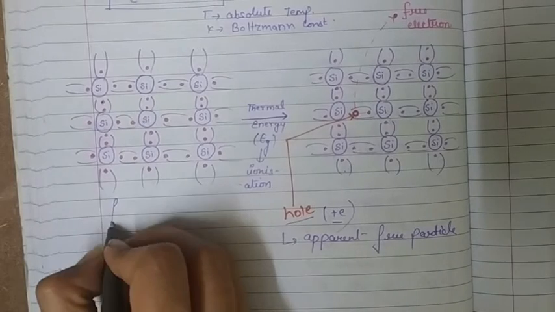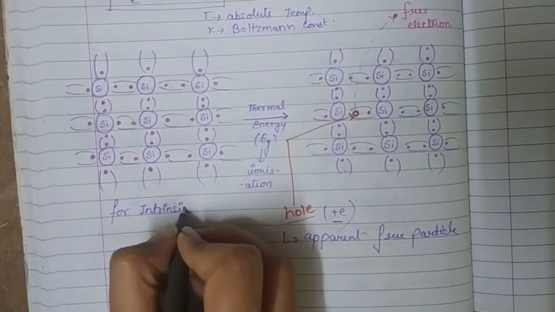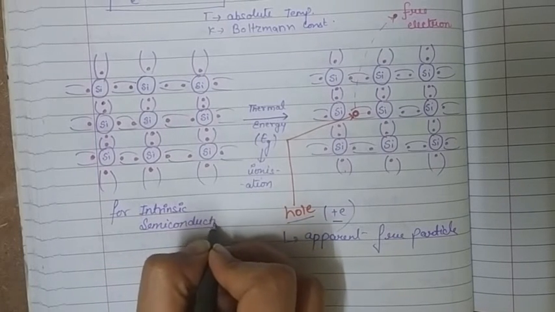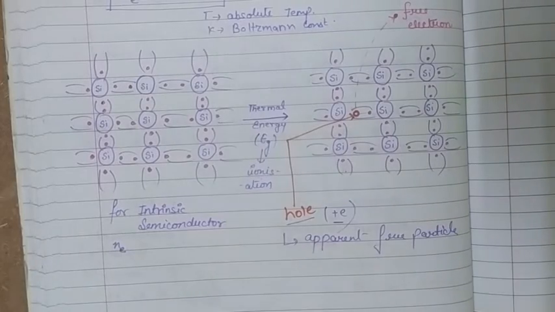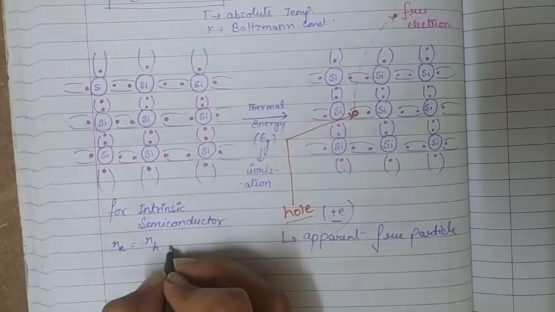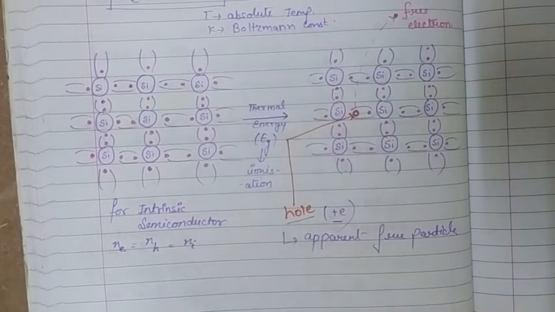So for intrinsic semiconductors in which there is no impurity, in such a semiconductor the number density of free electrons is equal to the number density of holes, and it is also equal to the concentration of intrinsic charge carriers.